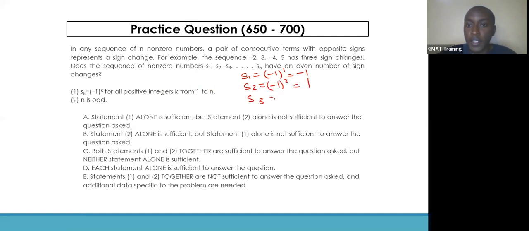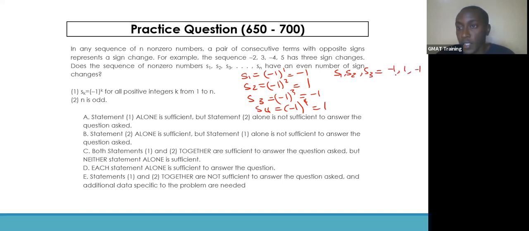And S3 as -1 to the power 3, this is -1. And S4 is -1 to the power 4, this is 1. So if you have 3 numbers in the sequence, S1, S2, S3, then you'll have -1, 1, -1.